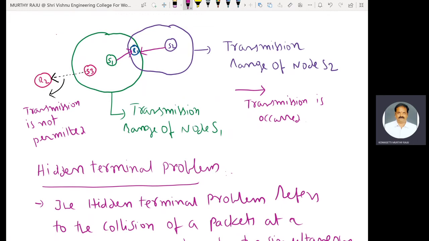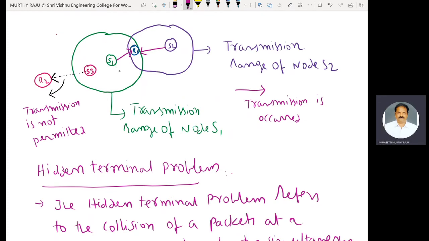That is the reason S3 thinks some communication takes place within the channel. That is the reason S3 does not send any information to R2, even if collision does not occur. That is called the exposed terminal problem.